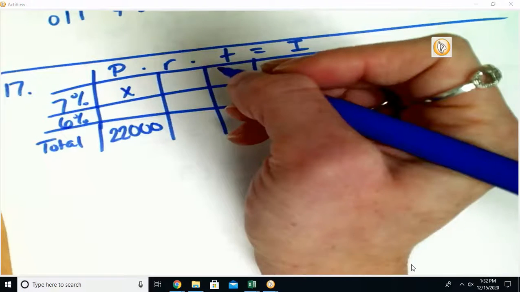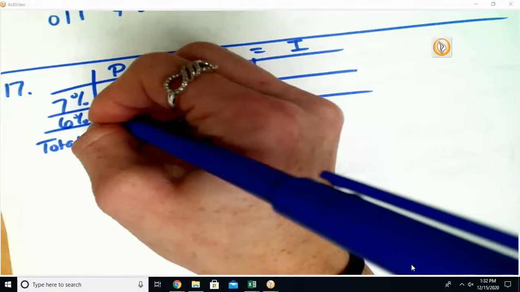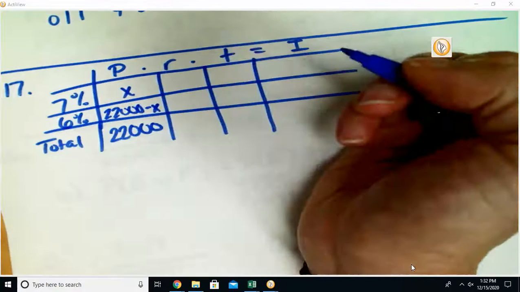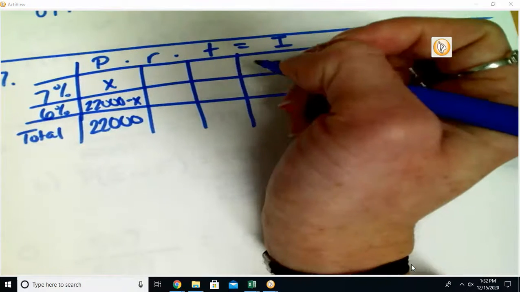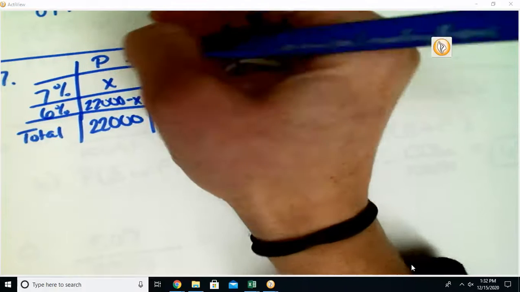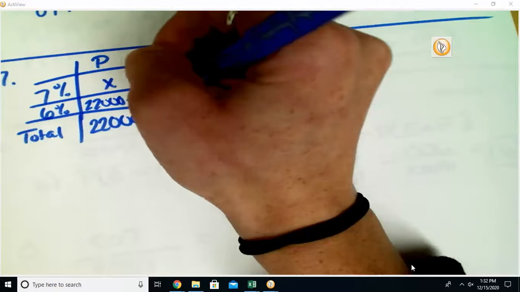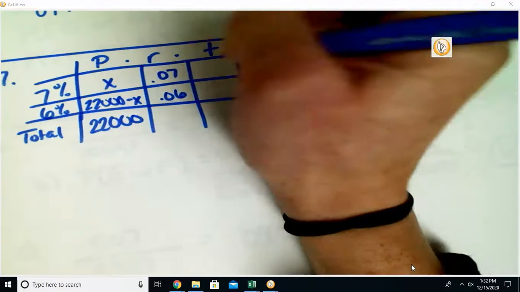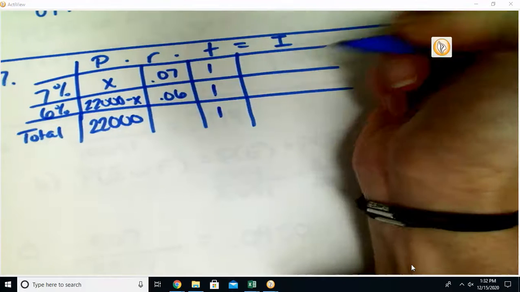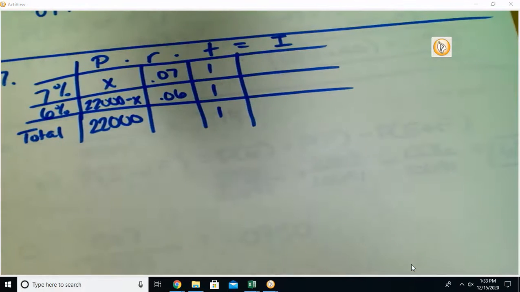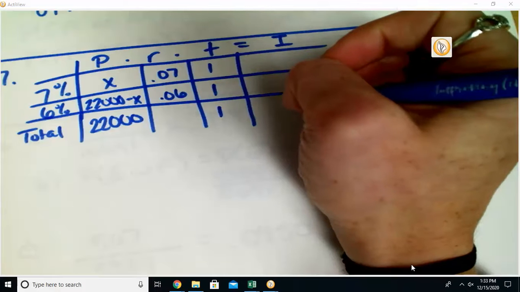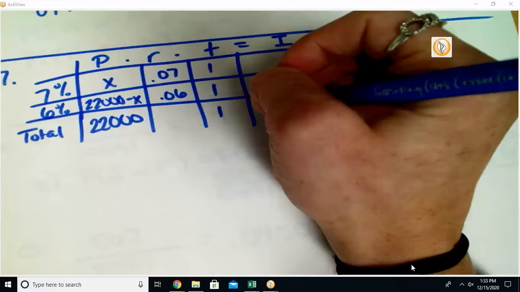And the rest goes at 6%, so that would be your total minus x. Rate: 7% and 6%. Time: it said annual interest, so my time would just be 1 year. And we have an annual return of 1420, so that is your total interest.